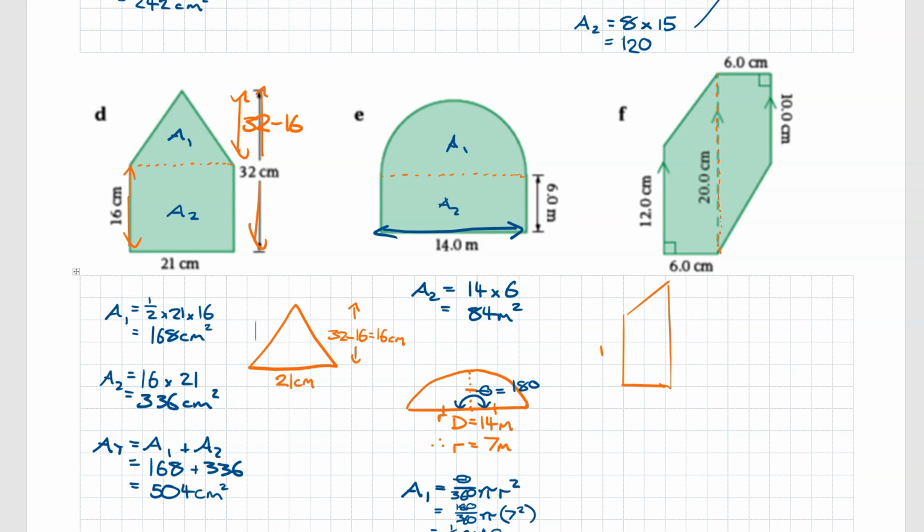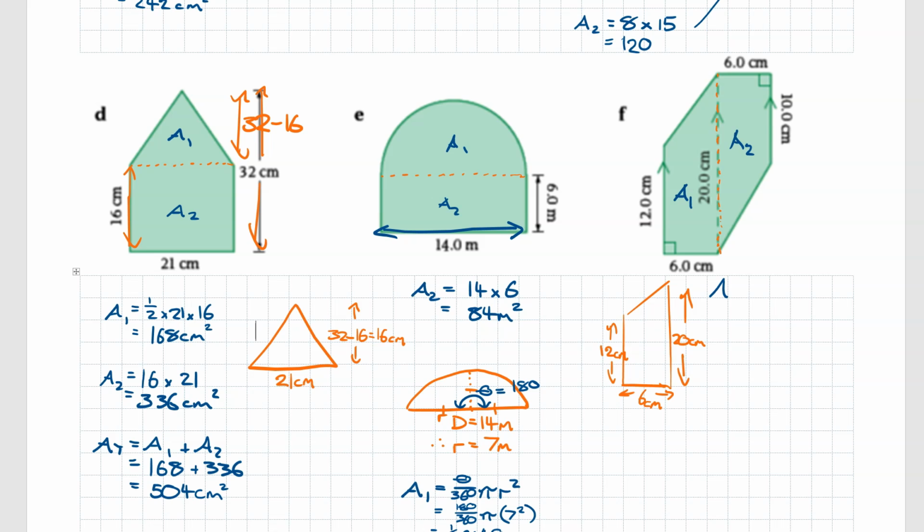So this is going to be 12 centimeters. This guy is going to be 6 centimeters, and this long one here is going to be 20 centimeters. And we'll call this, of course, A1, A2.